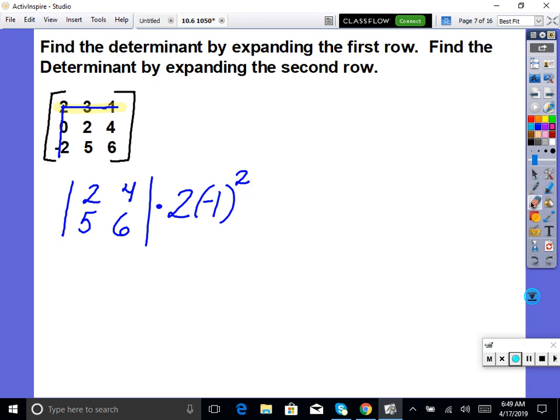I'm going to erase this now. We are doing first row, so we're sticking with the first row here. Now we're going to be doing second column. We've eliminated first. Now we're going to eliminate the second instead. So eliminating this, then plus straight line, what would be our minor? 0, 4, -2, 6.